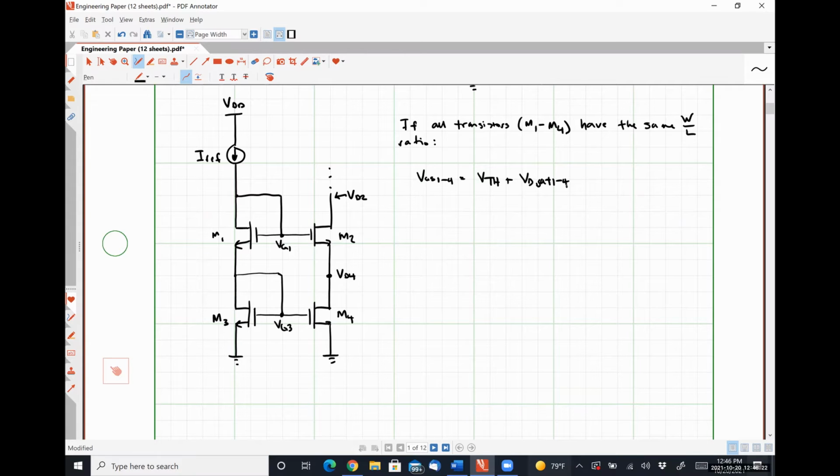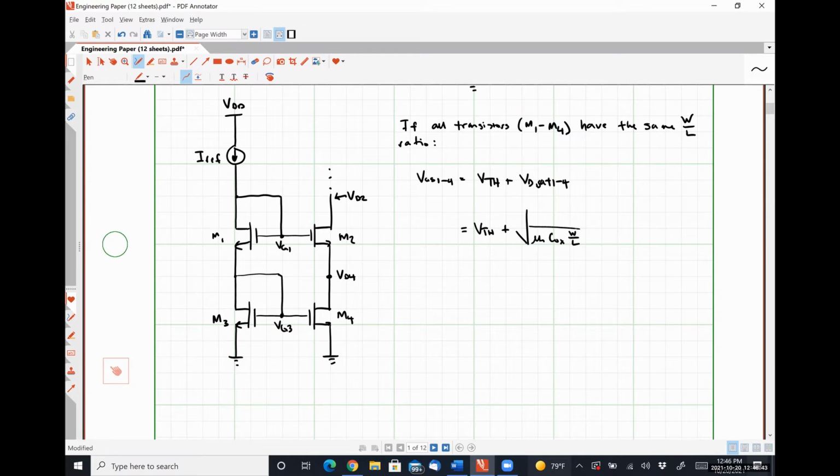So all of our transistors are carrying that same current. So they should all have the exact same gate source voltage. So this is going to be VTH plus the square root of 2 IREF over UN Cox W over L. I'm probably just going to call it VDSAT from here on out for a little bit, but just to refresh you.